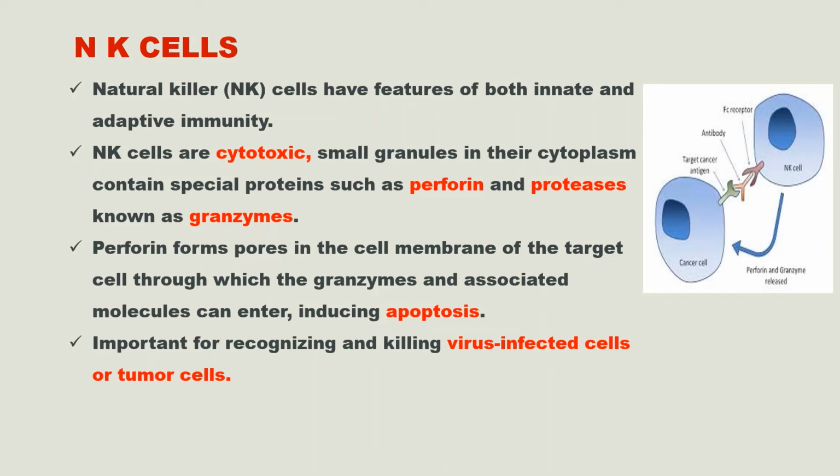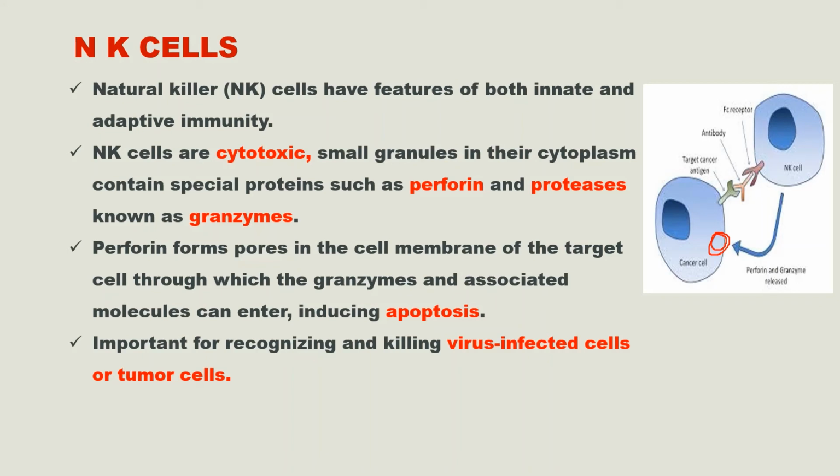Perforin forms pores in the cell membrane of the target cell, through which granzymes and associated molecules can enter, inducing apoptosis. Apoptosis means programmed cell death. So two enzymes are present inside the cytoplasm of NK cells, and together they are called granzymes.